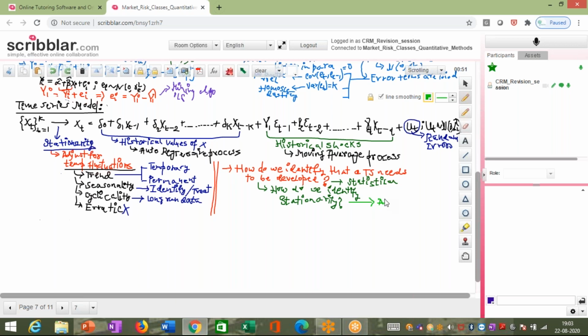ADF test. Over here, we need to understand what the ADF test is, and we also need to understand the concept of ACF, which is the autocorrelation function, and the concept of partial autocorrelation.